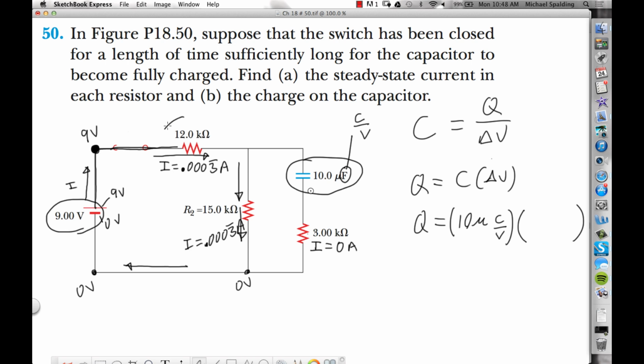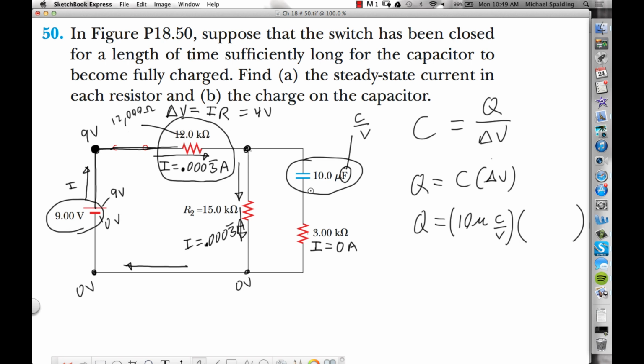Now what's going to happen across this resistor right there? We're going to lose volts. So how many volts are we going to lose across that resistor? Can we figure it out? Yeah, because delta V equals IR. You take the current times the resistance, and remember that 12 is really 12,000. Plug it in as 12,000 ohms. This comes out as 4 volts.